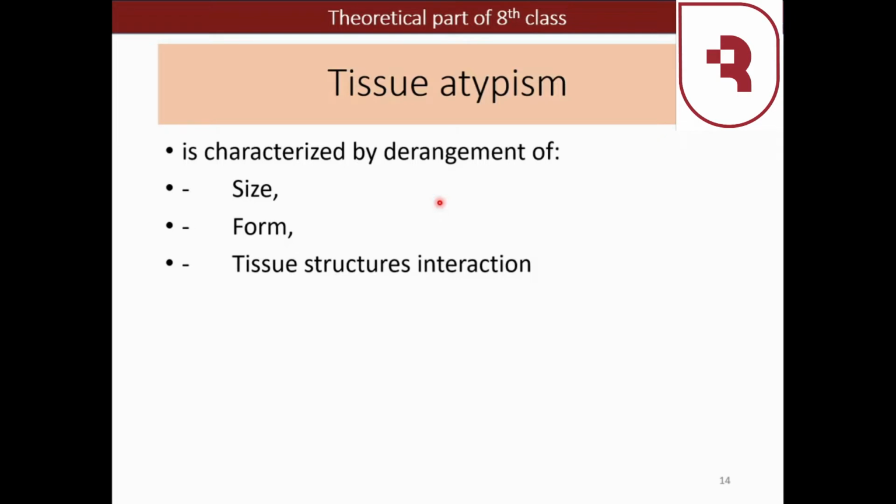When we examine a slide which contains a tumor, it doesn't matter whether benign or malignant, we will see some changes in the tissue size, in the forms of some fibrils in this tissue. The structures of these tumors will be somewhat abnormal. So it is tissue atypism.